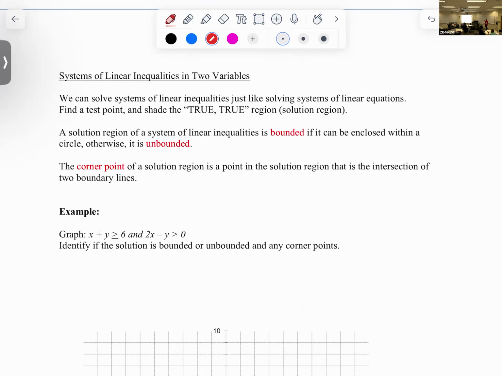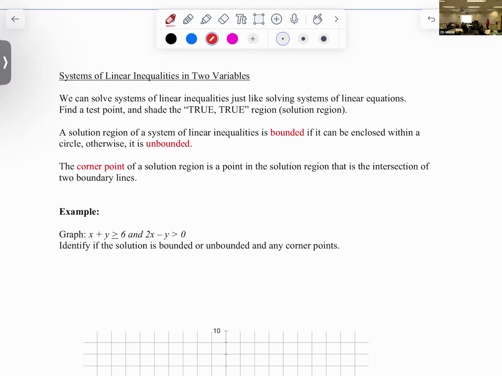When we start graphing this, we identify one and another, and then you can pick a point if you want. A couple other things we want to identify. Almost always we need to find the corner points of the solution region. That's just the intersection. That's what we were doing last time, as well as back in chapter 3. And then we identify if a region is bounded or unbounded. It's exactly like it sounds.